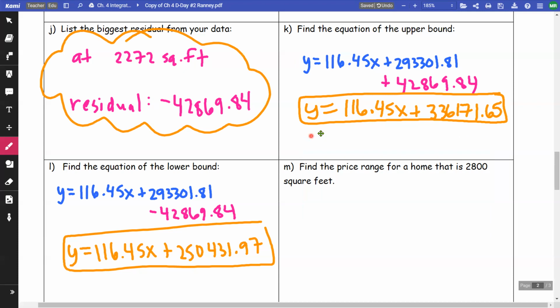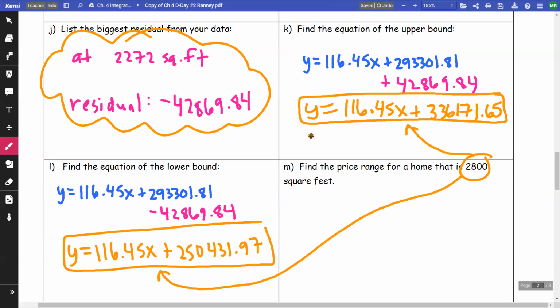Okay, on the next problem, they want us to find the price range for a house that is 2,800 square feet. So if I want a range, I'm going to be using my upper and my lower bound. So I'm going to be putting this into X here to get my upper range and this into X here to get my lower range.